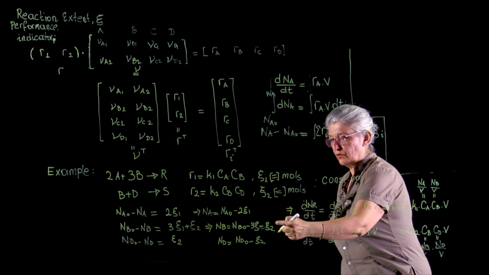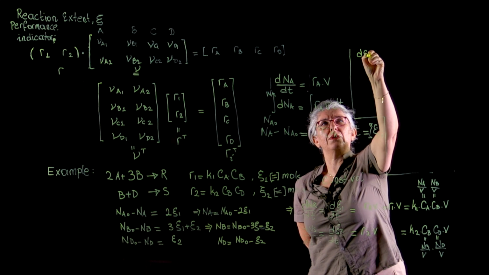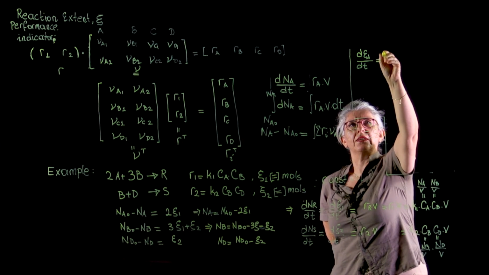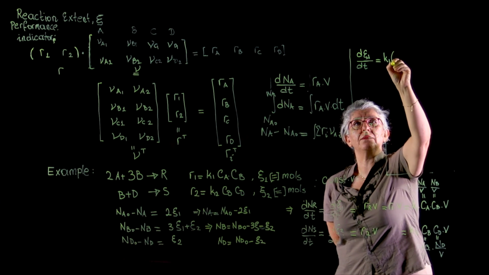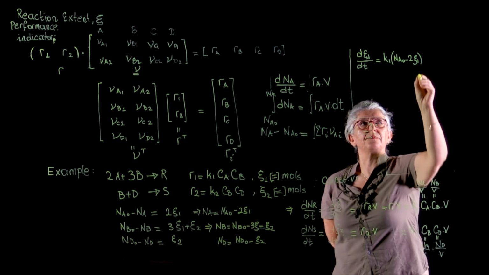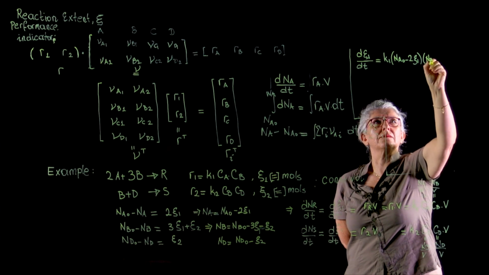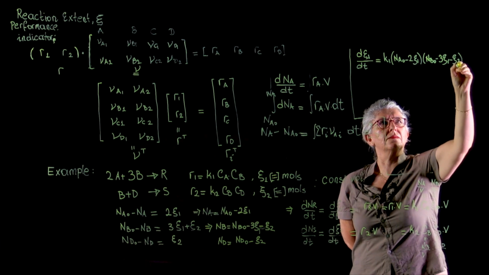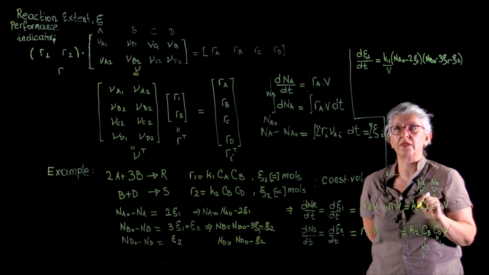So I'm going to substitute this into these differential equations. d psi1 over dt is equal to K1 times Na0 minus 2 psi1 times Nb0 minus 3 psi1 minus psi2, times V divided by V square. V's cancel, and I'm left with only one V.